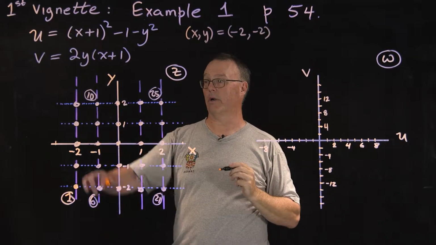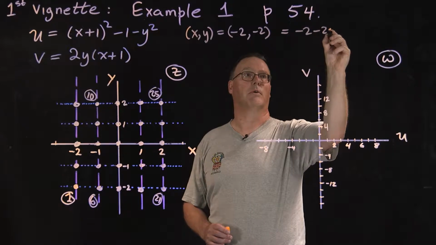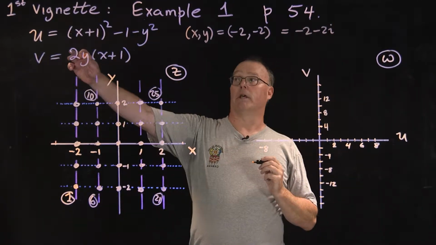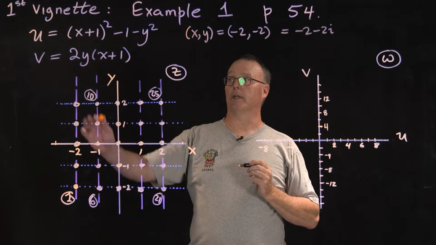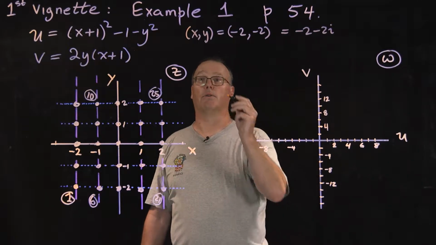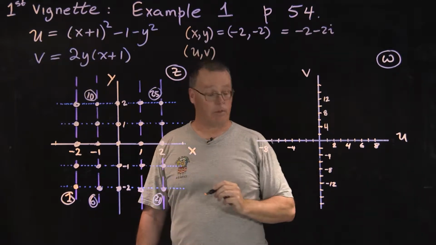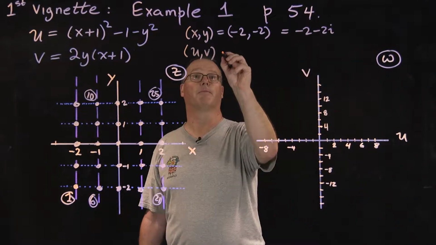It's the lower left corner of this thing, so that corresponds to -2 - 2i. And we worked out that z squared plus 2z gave us a u which was equal to this and a v which is equal to that. So in that case, u and v, when you do the algebra, come out to be -4 and 4.